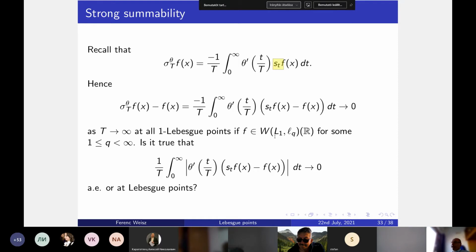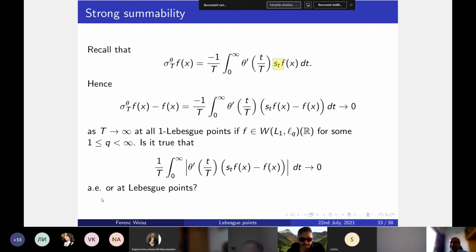So this is why I will write here in this section always this space. So, in other words, this integral tends to 0. And the question is, if I write here the absolute value inside, whether this integral converges to 0 almost everywhere, or at Lebesgue points.